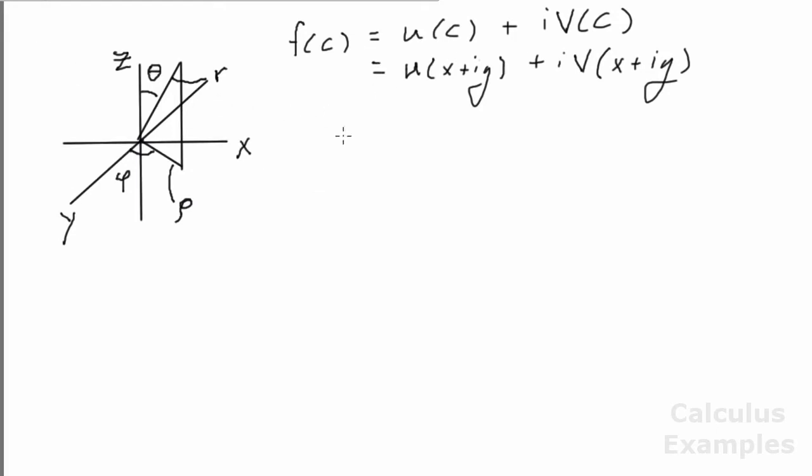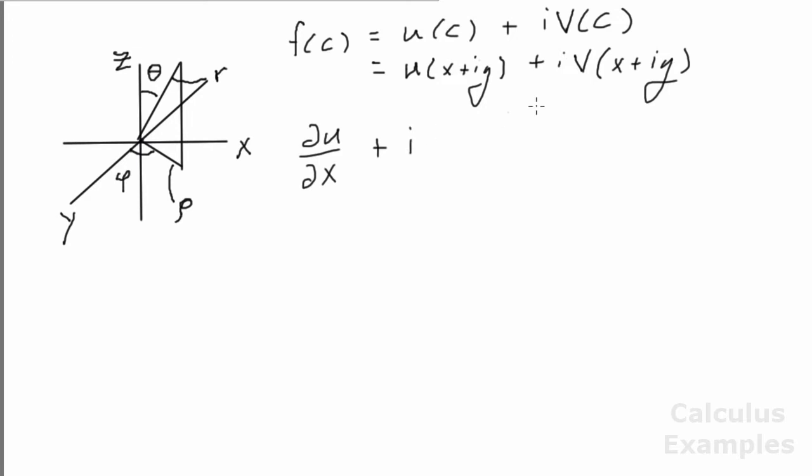So to that end, we're going to take the derivative of f at point C along the x-axis, in the x direction. We're going to do that by taking the partial derivative of f with respect to x. So that would be partial of u, partial of x, and then use the chain rule, but the partial of x with respect to x is just 1, right?